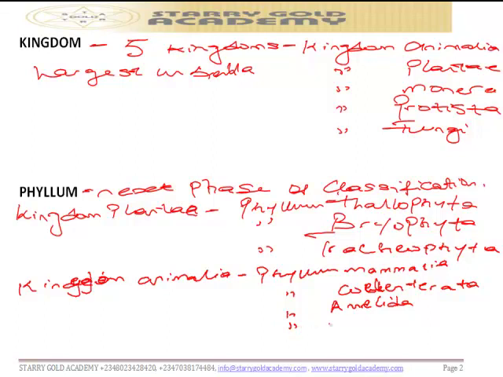We have the phylum Mollusca. Those are those that have shells, like a snail. We have phylum Arthropoda. Arthropoda covers the insects. We have phylum Chordata, and so on and so forth.